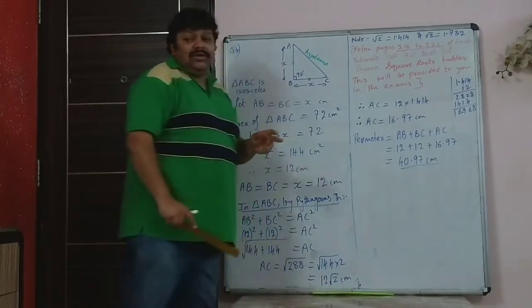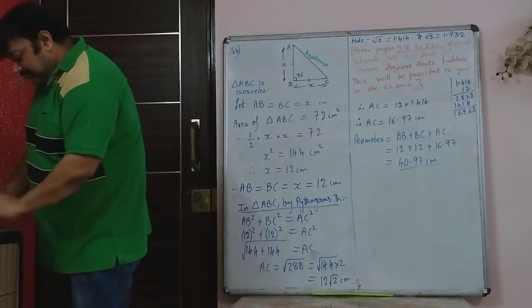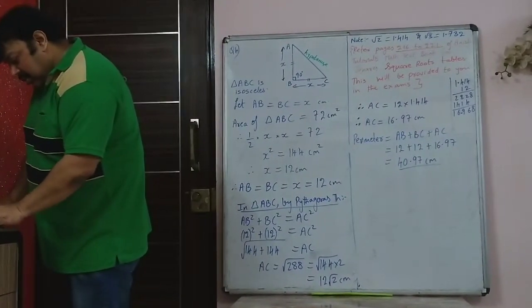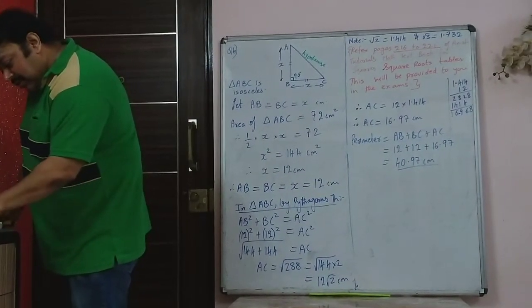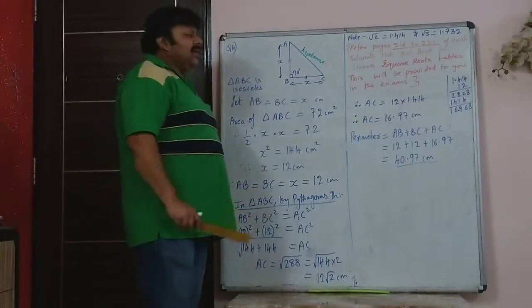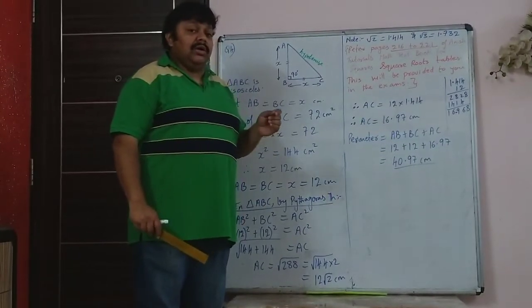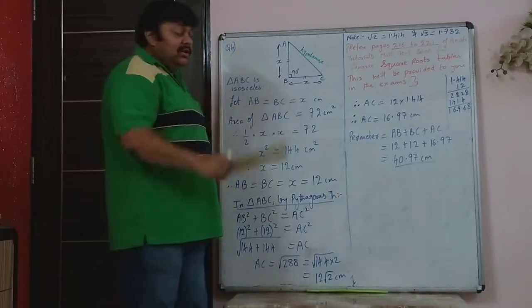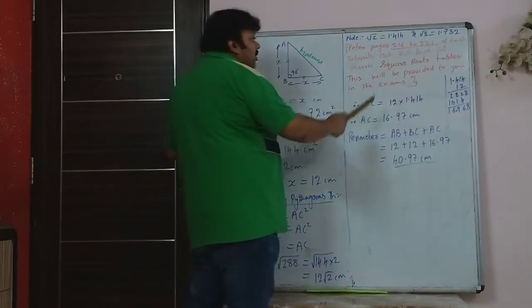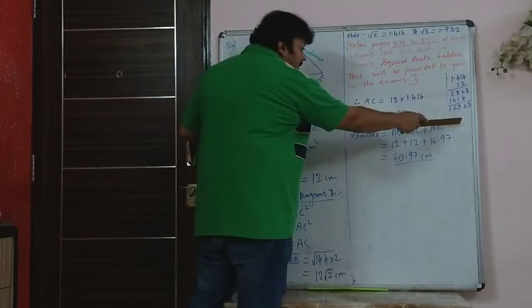You can check in your book, on page 218, where the square root of 2 is given. You look under 2.0 and under 0. There you will get root 2 is 1.414. So that is substituted, and I did the multiplication.